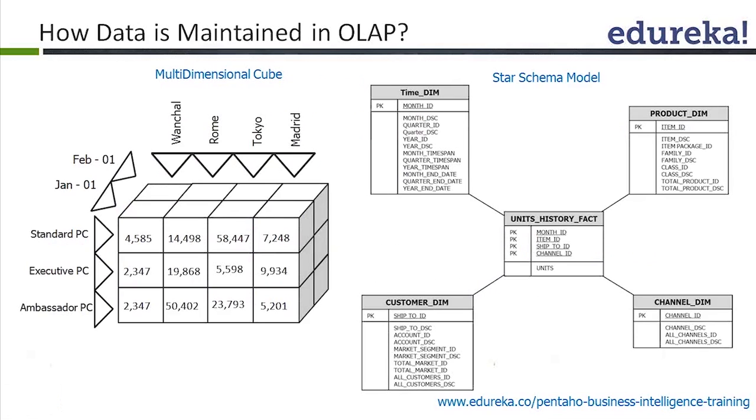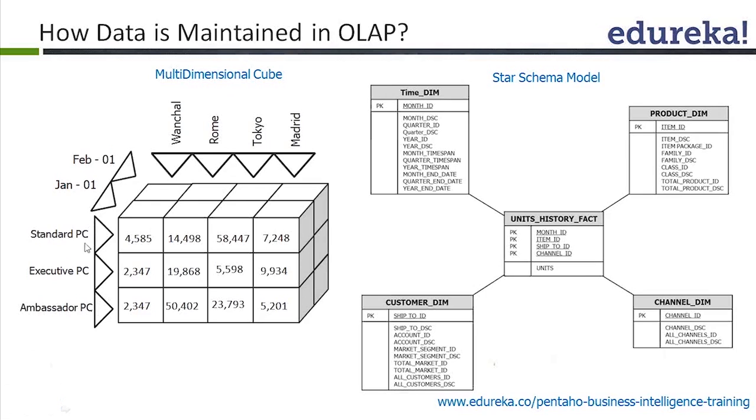Now, we've been talking about OLAP. What is OLAP and how is the data structured? This is a quick depiction of how the data is organized internally. On the left side you can see a multi-dimensional cube. It has length and width, but it also has breadth.